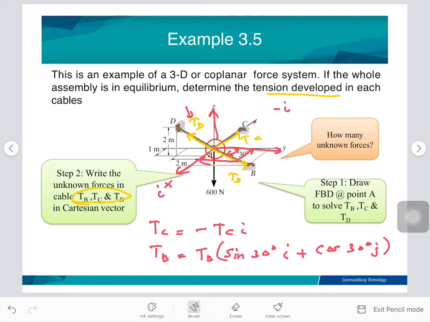So now to get TD in Cartesian means that TD needs to have the unit vector, right? So you have the position here, RAD divided by the magnitude RAD. So you can resolve into TD i, j, and k. Can you do that?